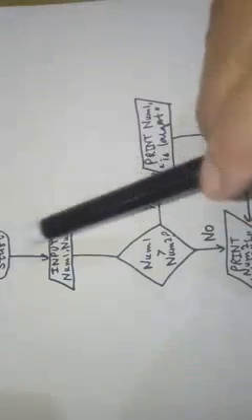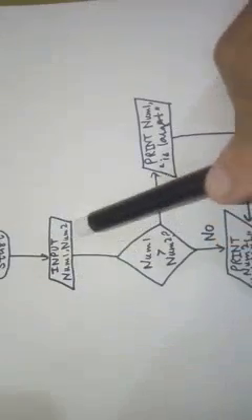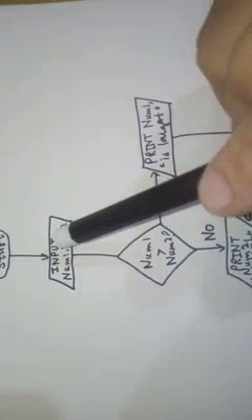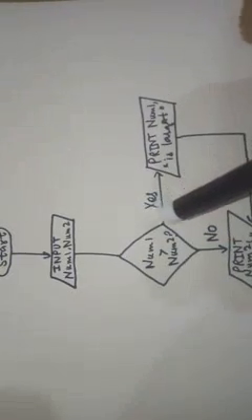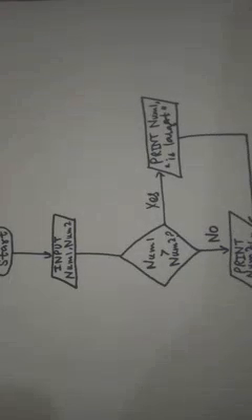Then we will give the input. We have to give the two numbers as input, number one and number two, and that shape will represent the data input or output, right? Then we will use the condition over here, as we want to output which is the largest number.